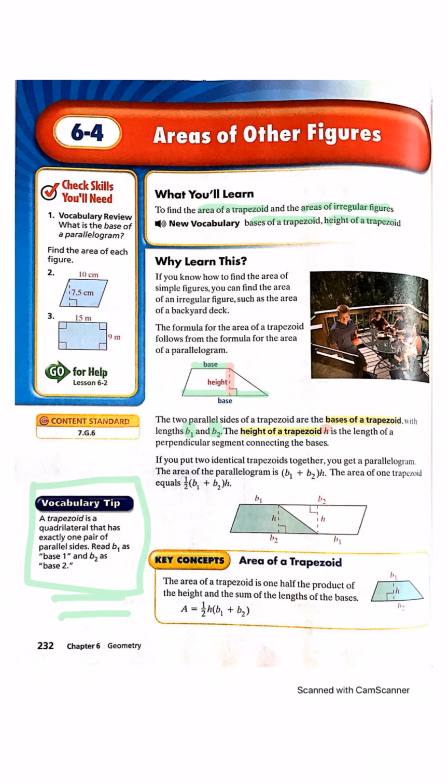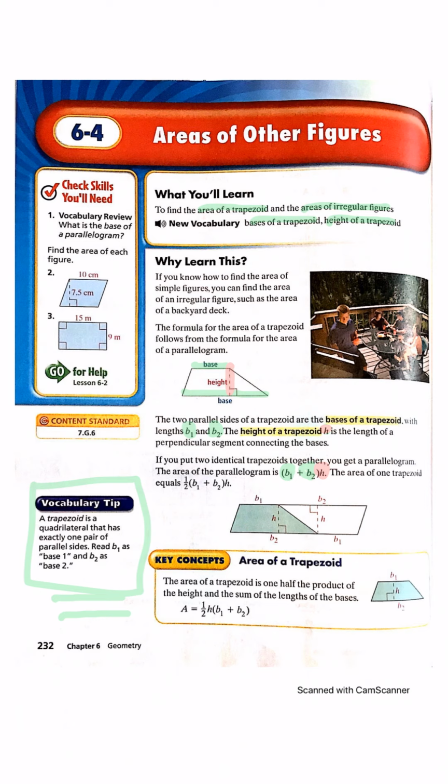If you put 2 identical trapezoids together, you get a parallelogram. The area of the parallelogram is base 1 plus base 2 times the height. The area of one trapezoid equals half of that.